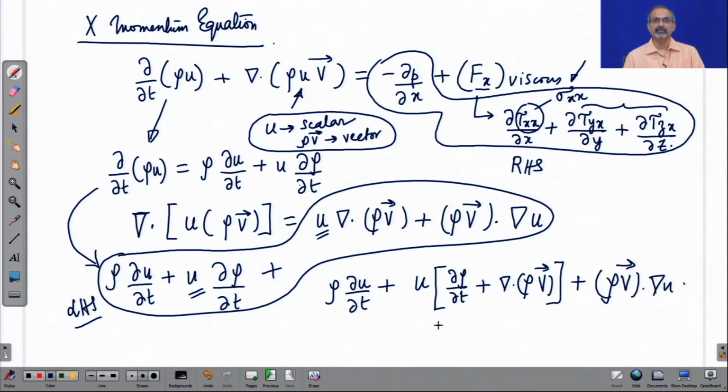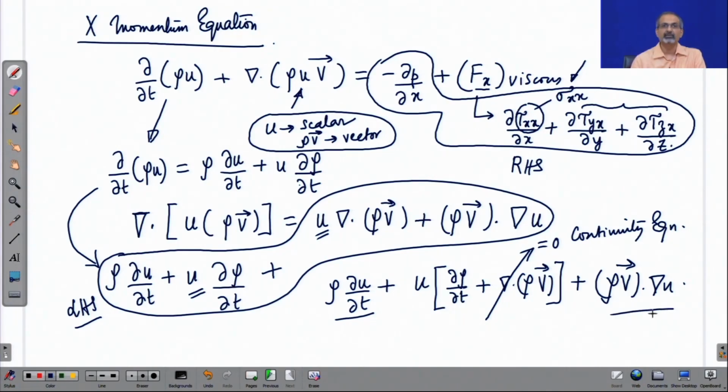So, this is the left hand side, and you may recall that as per the continuity equation, this is equal to 0. So, by mass conservation this has to go to 0. So, what are you left with? You are left with this and this on the left hand side.